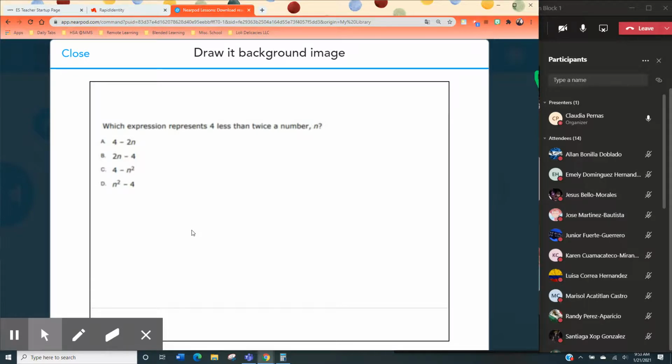It says, which expression represents 4 less than twice a number n? So it's telling us that that number is n. I'm going to stop sharing. Go ahead and think through that slowly.